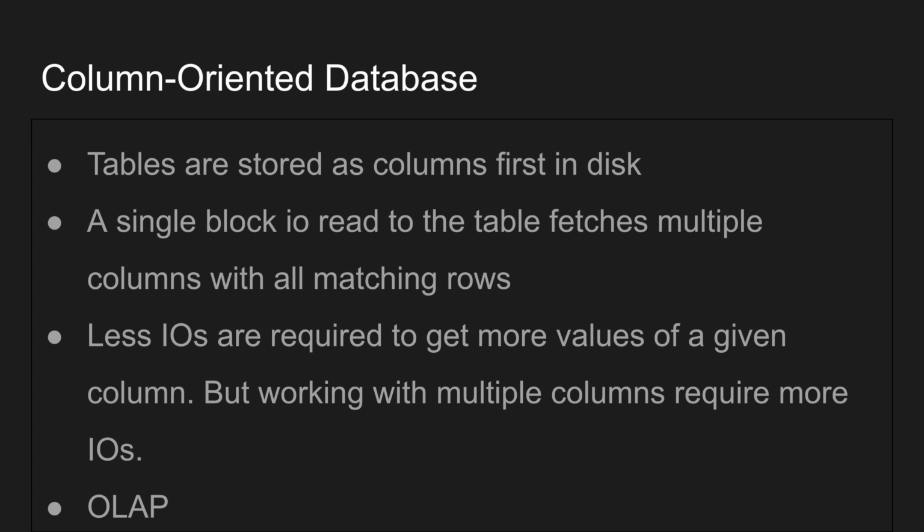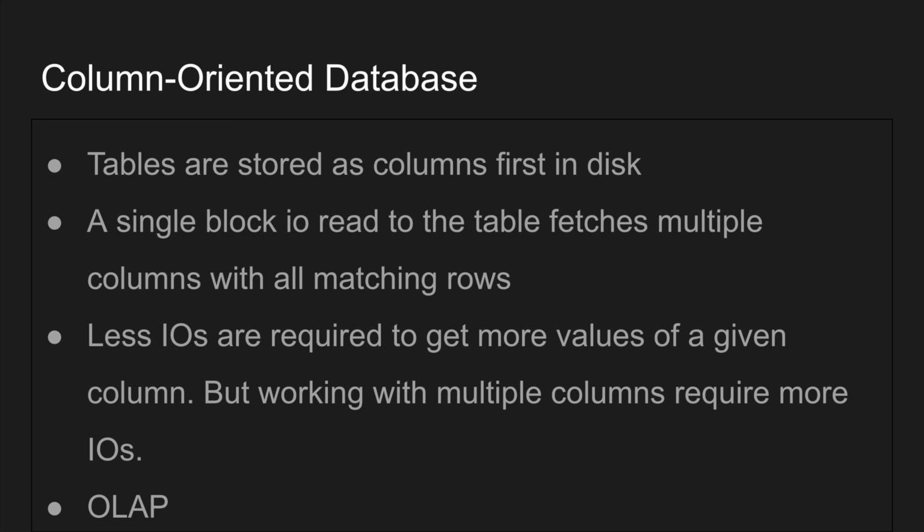So with column-oriented databases, if you think about it, tables are stored as columns first on disk. So think about the first name column, the ID column, the last name column. What they do is they take the first name and all possible values, John, Melissa, Rick, Paul, Hussein, everybody, and save all of these on disk as consecutive values.